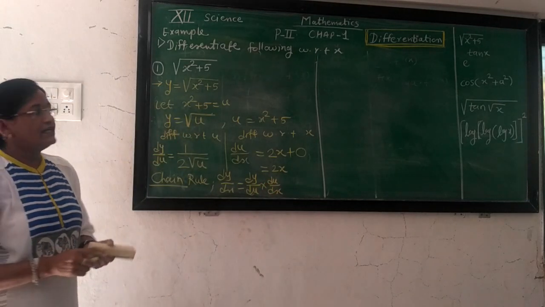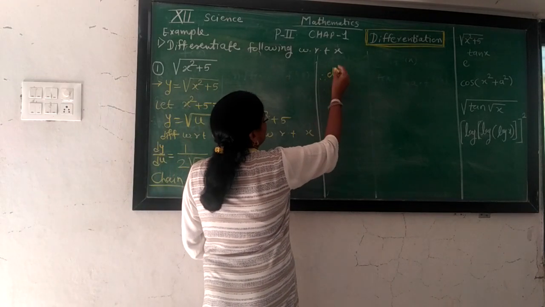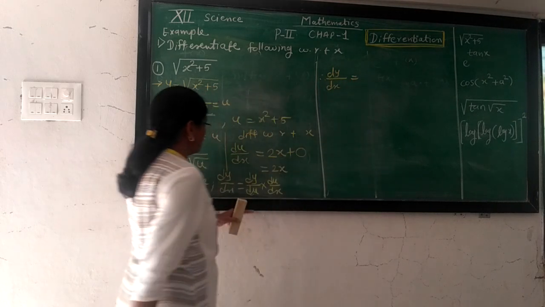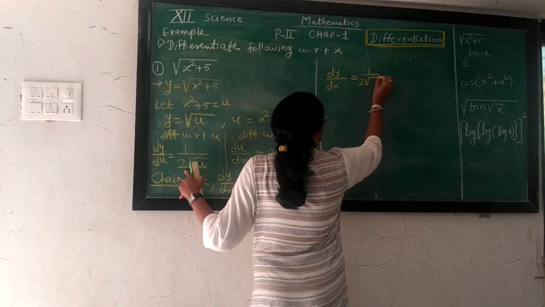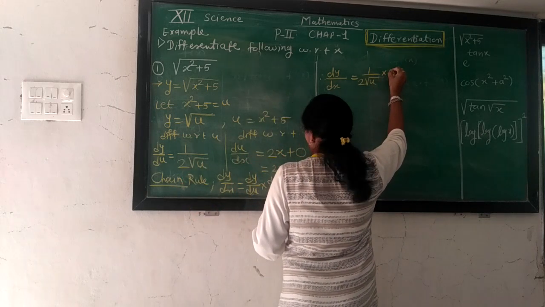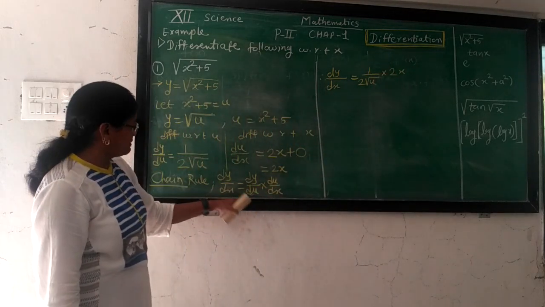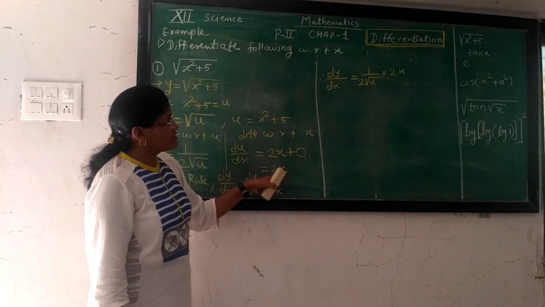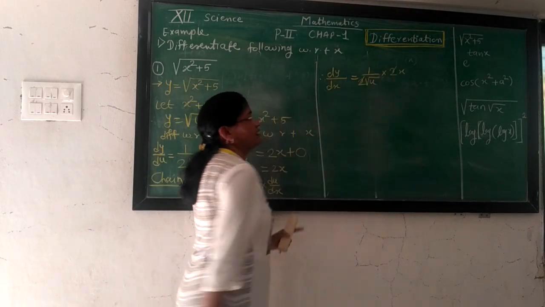Hence, the derivative of y, our function the square root of x square plus 5, with respect to x is equal to dy by du, that is 1 upon 2 times root u, multiplied by du by dx, which is equal to 2x. Here we simplify by multiplication and division of 2.